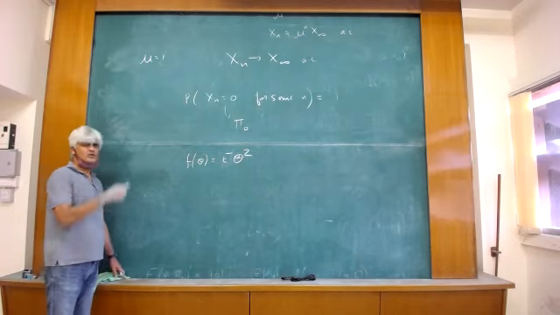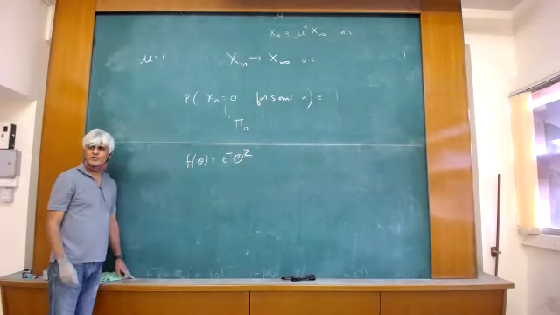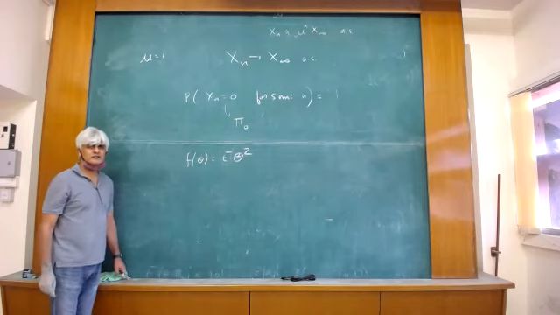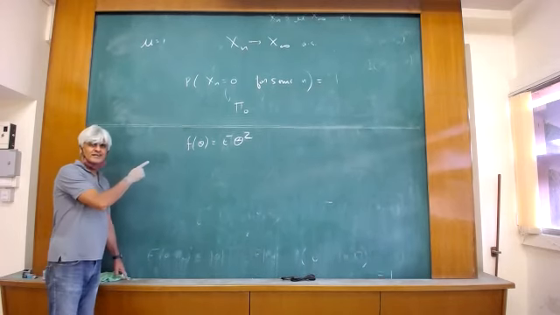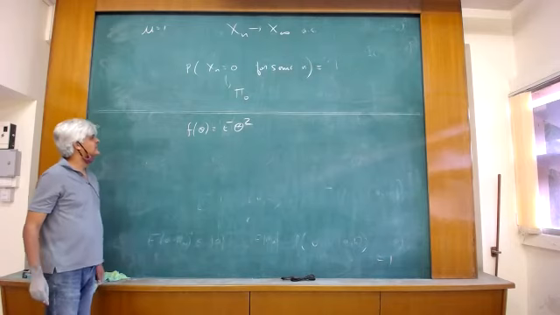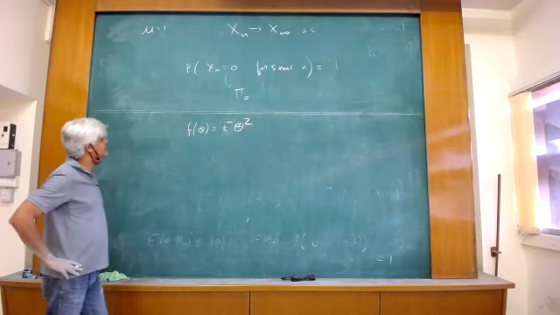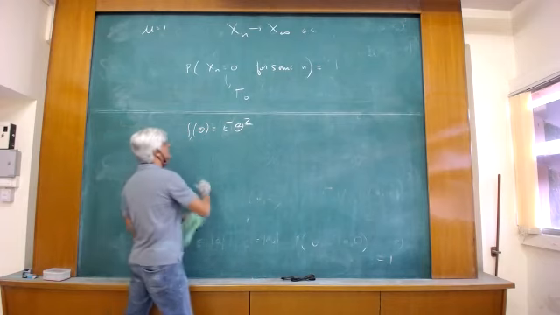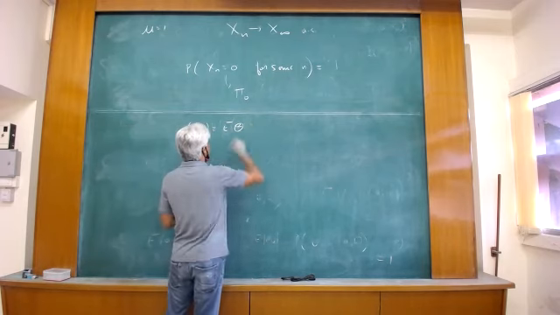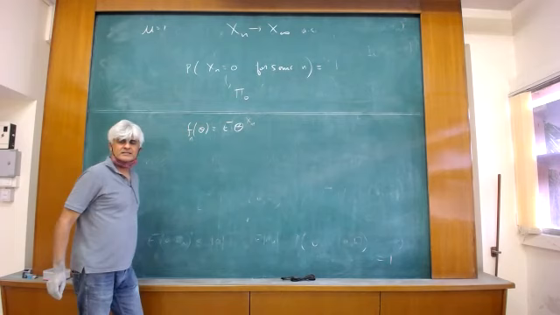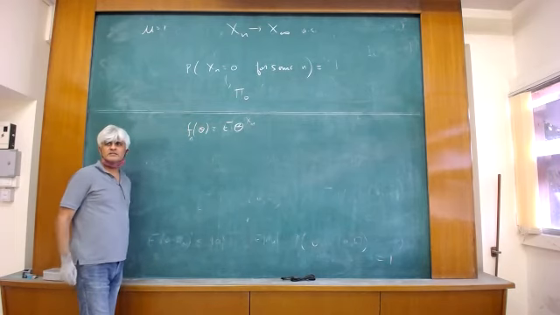I'm calling it theta to the power Z. There's a reason for that. Let me call this Sn of theta, a transform of the population Xn at time n.